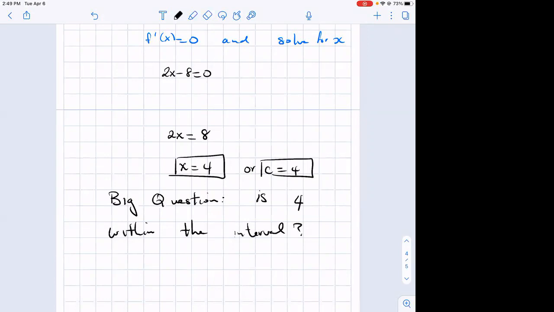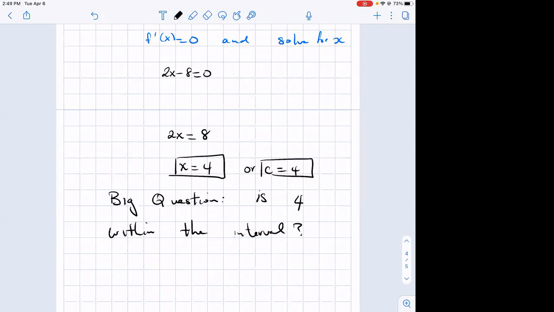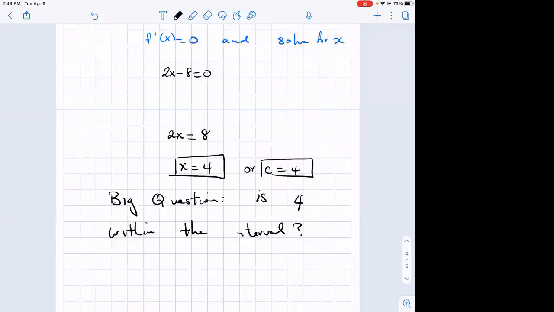So since this one is in the interval, then f prime of c is 0 at c equal to 4, right? Any questions? Would that mainly happen if you have to use the quadratic formula? No, it could happen for other cases too, it's possible.